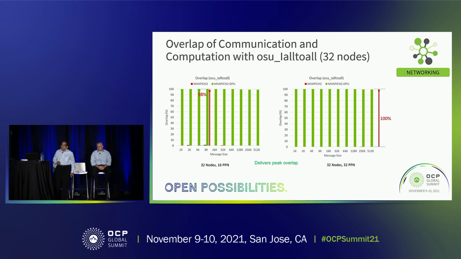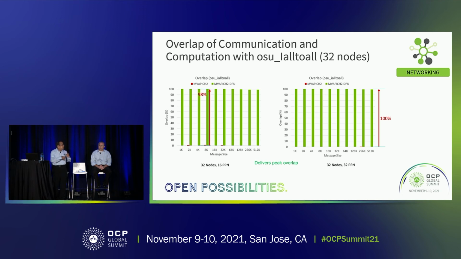Now, you can see this is the first set of numbers. This is 32 nodes running OSU AllToAll. This is 32 nodes with 32 ppn, like 1000 processes, and here it is 512 processes. Those of you familiar with MPI libraries know there are broadly 2 protocols: the eager protocol for short messages and the rendezvous protocol for large messages.